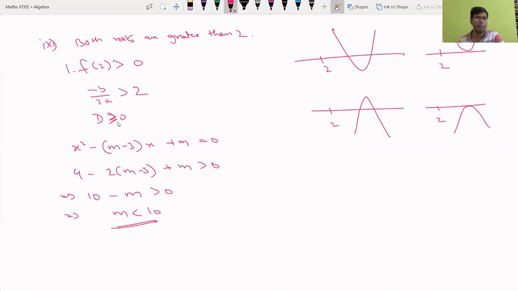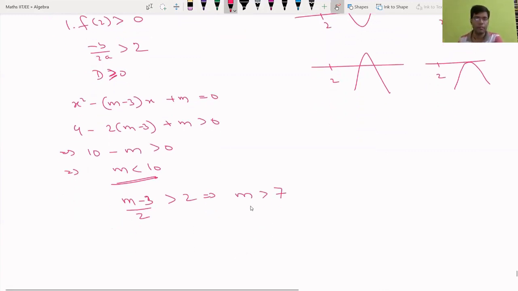Another condition will be minus b by 2a. So my (m minus 3) by 2, this is minus b by 2a, will be greater than 2, which implies m is greater than 7. So m has to be greater than 7. This is the second condition.